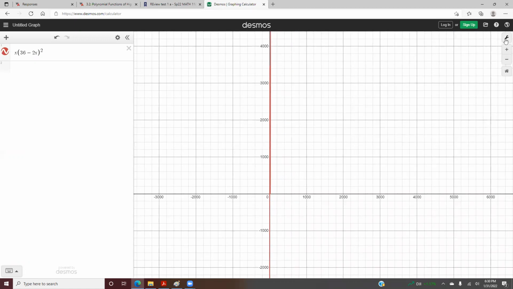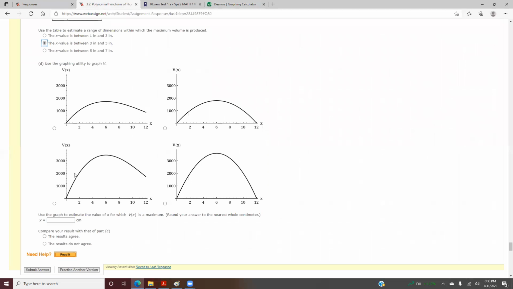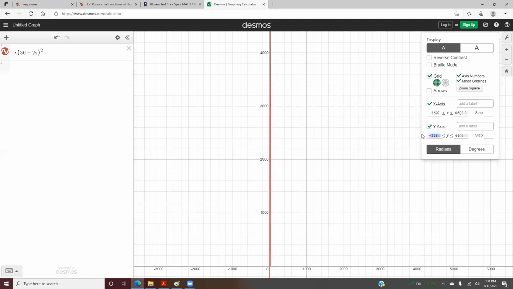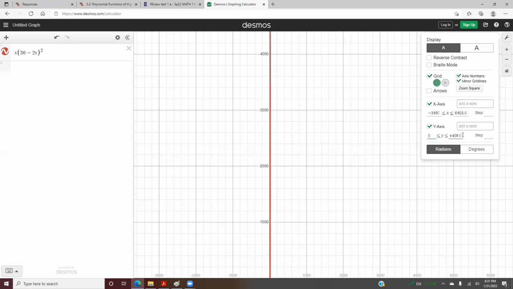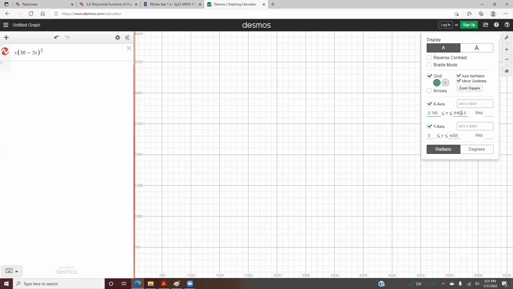So you find out that your y-axis, if you look at this, is between 0 to 4,000. Your x-axis is between 0 and 12. So your y-axis in this case is between 0 to 4,000, and your x-axis is between 0 to 12.